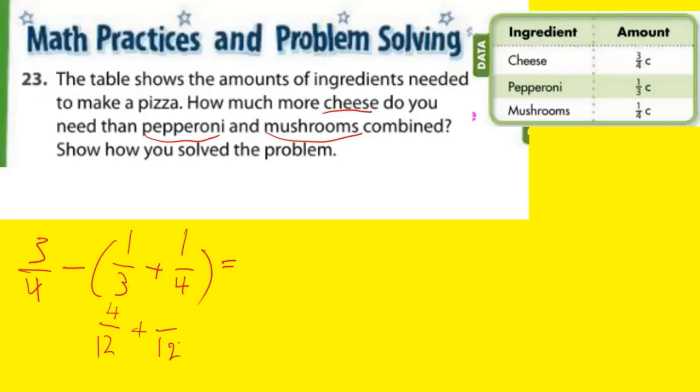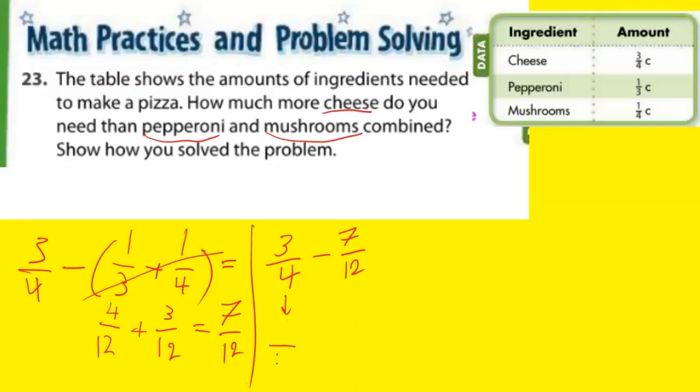What makes 4 to be 12? It is multiplied by 3, up and down, 1 times 3 equals 3. So this brackets will finish as 7 over 12. Okay, so I will subtract again, 3 over 4 minus 7 over 12. I need to change this 3 over 4 to something over 12.